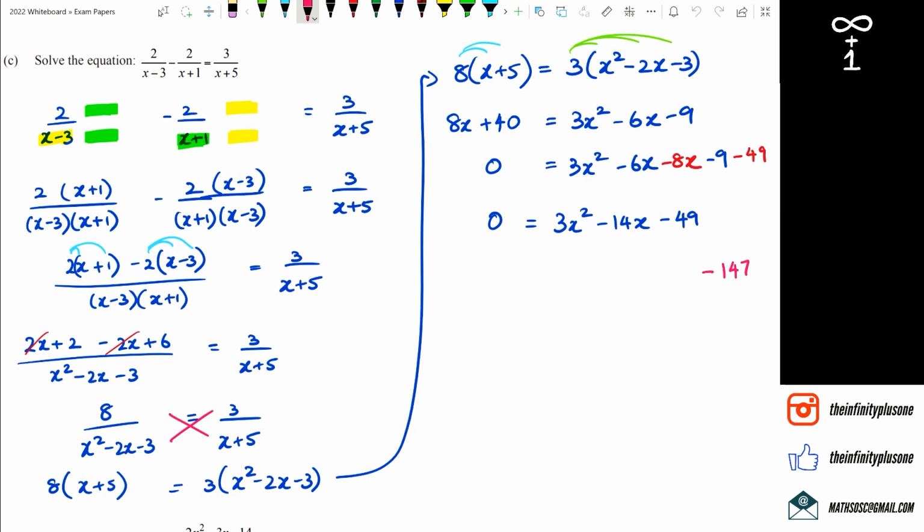How are you guys supposed to actually do this in the middle of an exam? Try and figure out two numbers that multiply to negative 147 and add to negative 14. Really? That's just horrible. I'm sorry to say this, guys. I feel for you. I can't believe those of you guys that had to sit through this exam, you would have had this number to deal with. Seriously, that's just ridiculous.